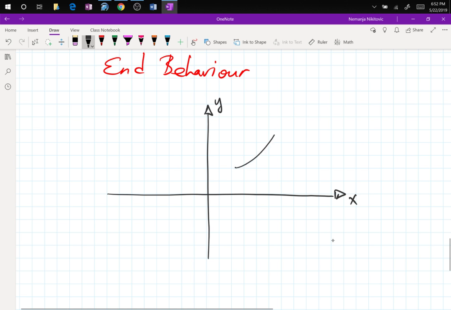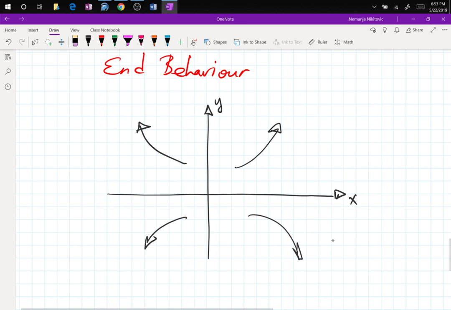We can have the end behavior going this way, that way, that way, that way. If you combine these two, you can get x squared. If you combine these two, you get negative x cubed. Tangent has asymptotes. If you just look at this end, going this way, you get your exponential function.